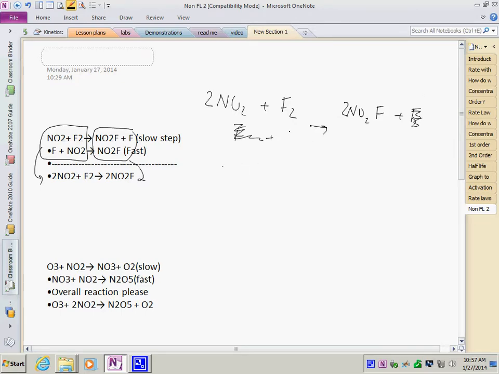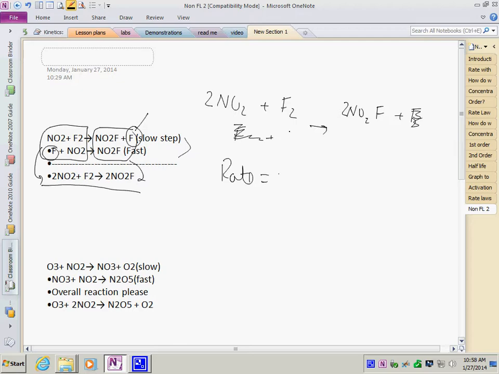When I write my rate law out, I have to use the actual chemical reaction that occurs. I cannot use an intermediate in my rate law, mostly because this is theoretical that the F occurs. All of these step-by-step reactions are our best guess at what happens on a molecular level. We can't see it.